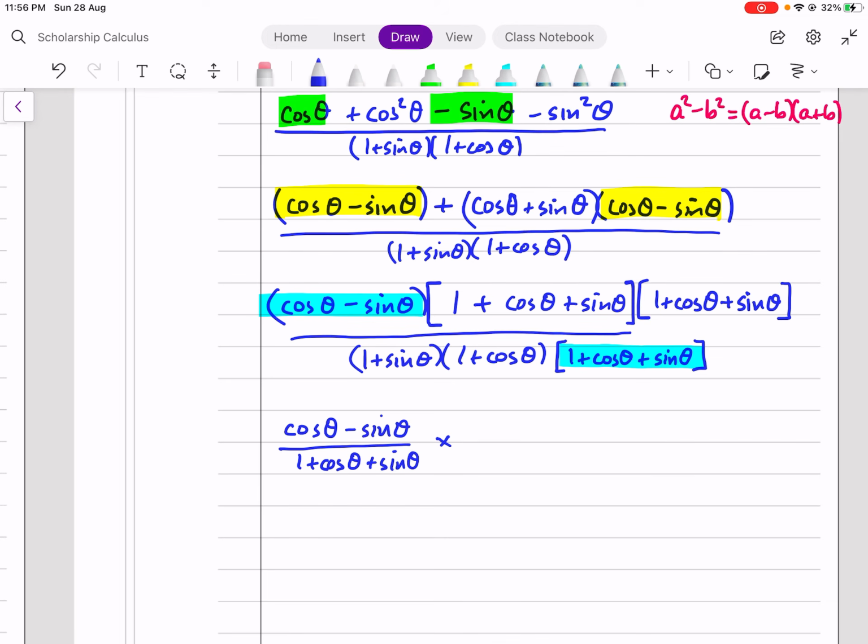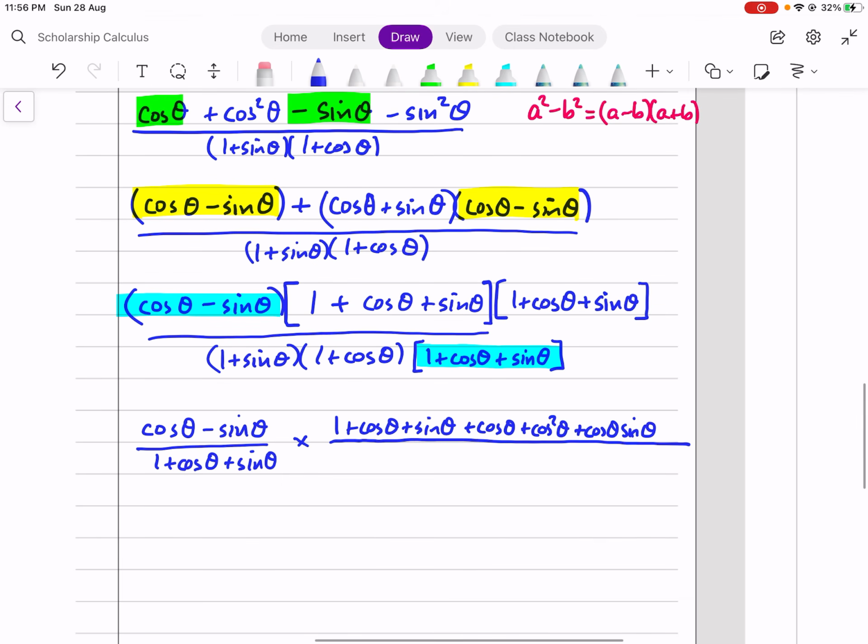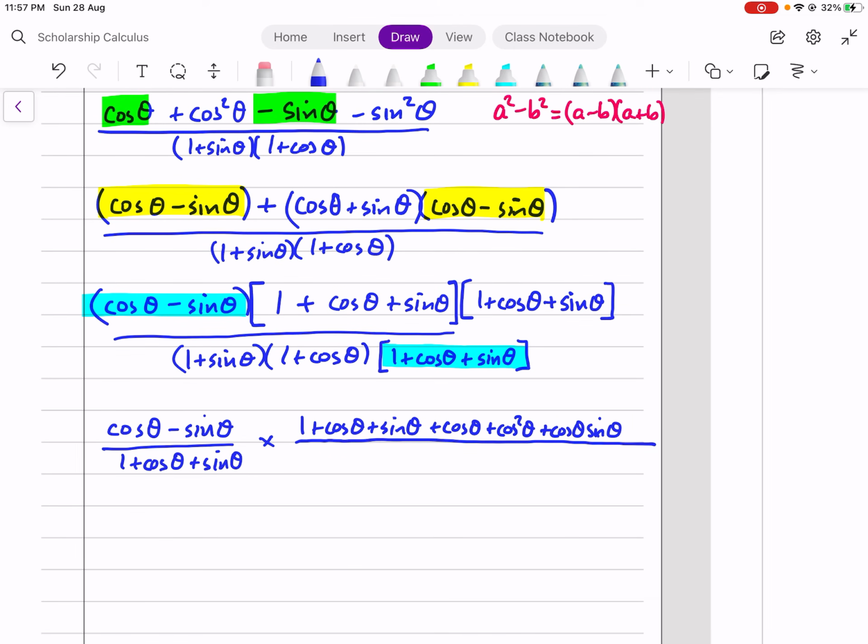Multiplied by, it's going to be good fun, but I expand. Okay, 1 times 1, 1 times cos, 1 times sine, etc. 1 times 1, 1 plus cos plus sine, and then cos times all of them, cos squared, cos sine. This is where c's and s's would help quite nicely, if you said let c equal cos theta and s equals sine theta.